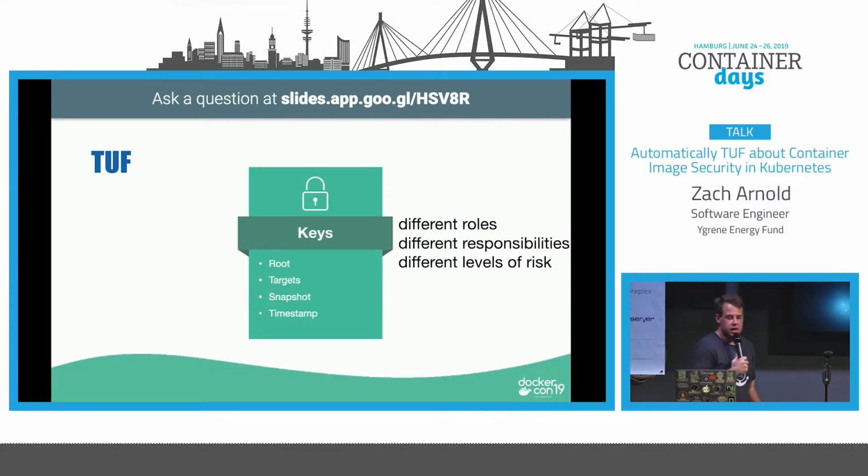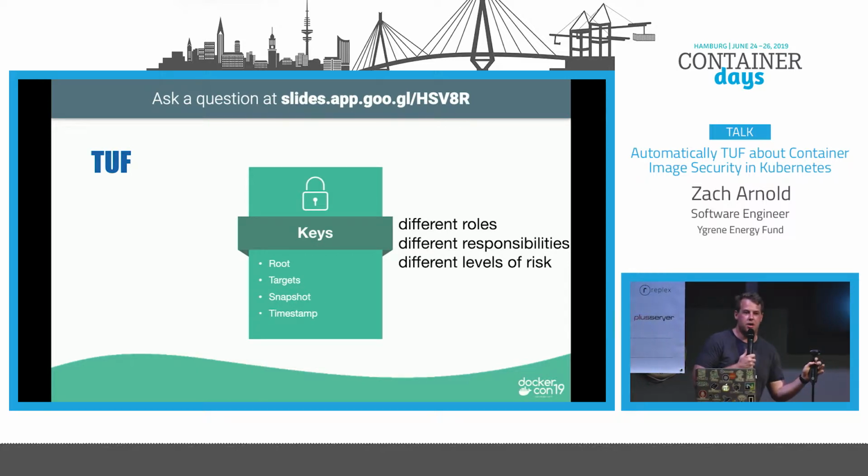I like to think of TUF as the system of a bajillion keys, and that's because there are. It relies heavily on private-public key cryptography, and you can generally think of the way that we look at software update frameworks as having a root key, a target key, a snapshot key, and a timestamp key.